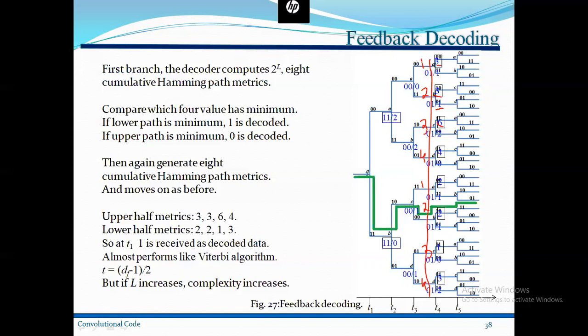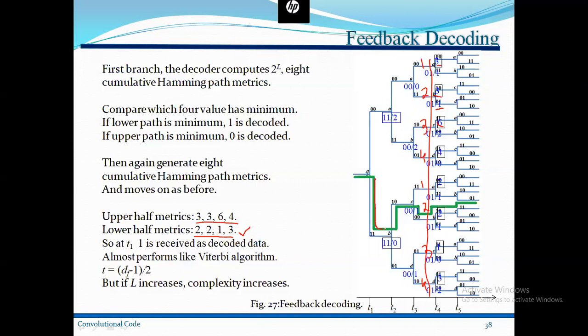First we decide between the upper block and the lower block on the basis of the Hamming distance. Once we decide whether we have to choose the upper block or lower block, in this case the path metric of the lower block is minimum.